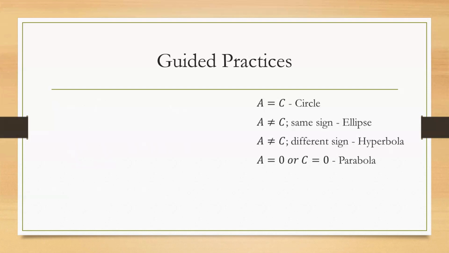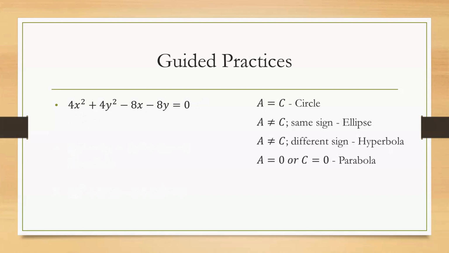Next, we have 4x squared plus 4y squared minus 8x minus 8y equals 0. So again, we look at the A and C coefficients. So we have 4x squared and 4y squared.